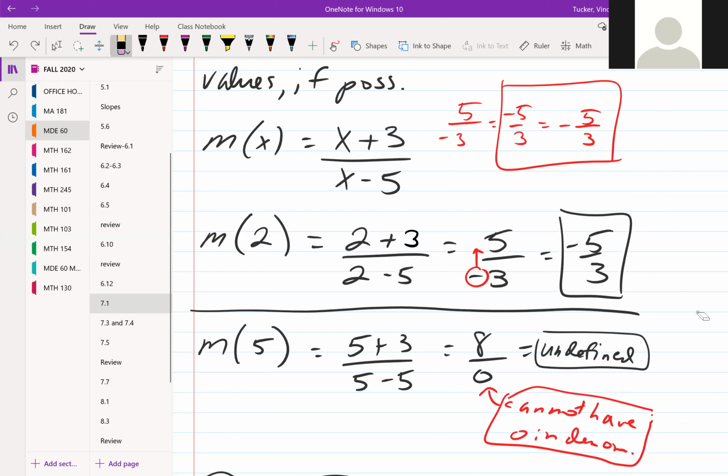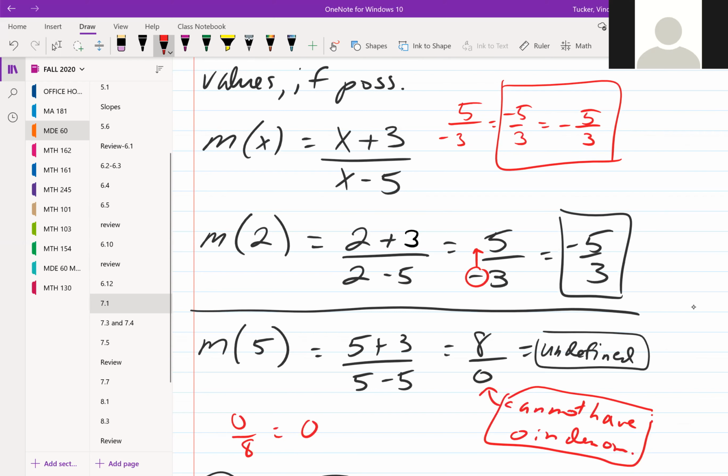So would this be the answer, or would we just put 8? Nope, undefined. Oh, so undefined would be the answer. Right, because remember, 8 is actually 8 over 1 as a fraction. And let me mention this too. You didn't say it, but 0 over 8 is 0.